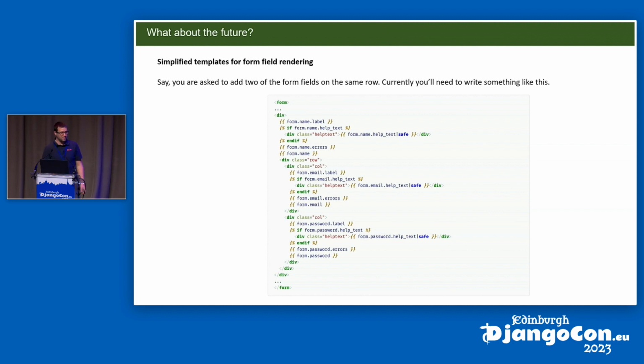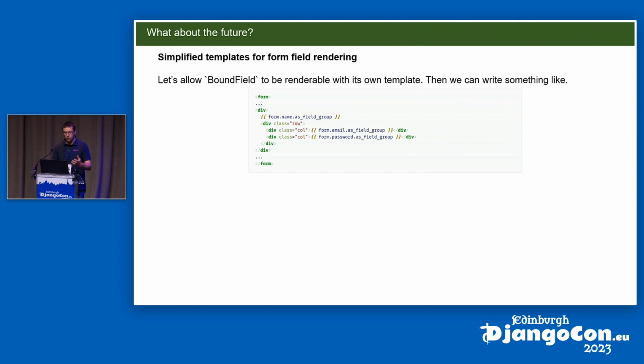You'll have to maybe write something like this, which unpacks each of those elements, so you can put maybe the email and the password fields inside two divs for the column, and those nested within a row. This is much more difficult to maintain. Maybe what we would like is to make that bound field renderable.